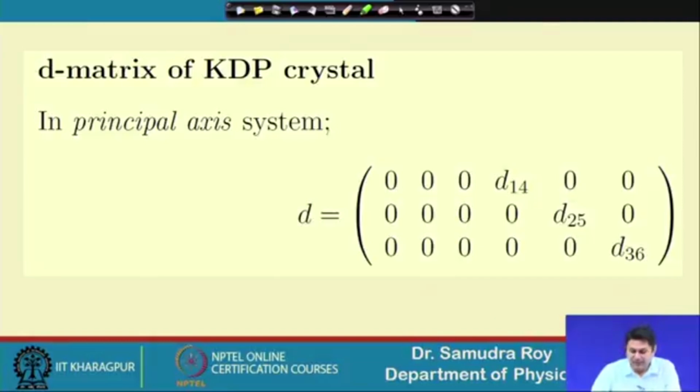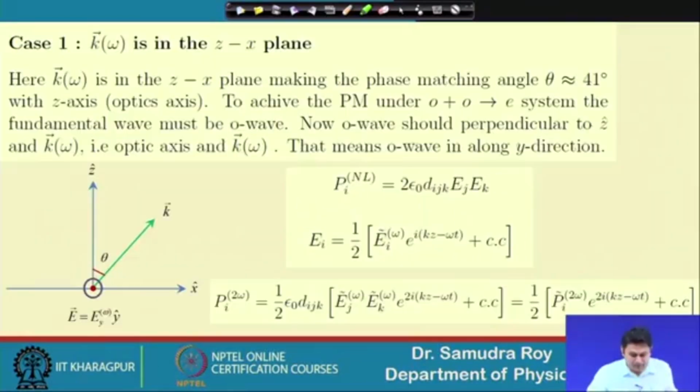Here we find there are 3 non-zero coefficients, and obviously they will be involved in the second harmonic process. But the question is which of these three coefficients are dominant, or which really generate the second harmonic. That is something we need to figure out. Well, this is again the previous problem.